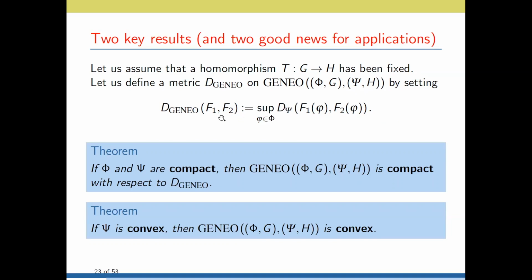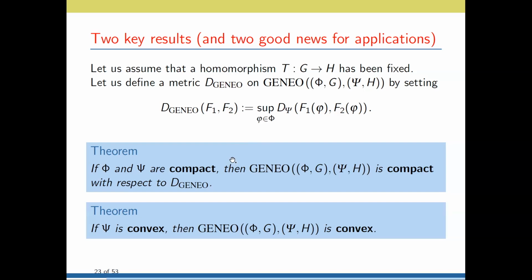We do that by setting the distance between two GENEOs F1 and F2 equal to the supremum, varying the admissible signal phi, of the max norm distance between F1 of phi and F2 of phi. Quite natural. Two theorems. The first theorem states that if phi and psi are compact, then the set of all possible GENEOs is compact too. And if psi is convex, then the set of GENEOs is convex too.